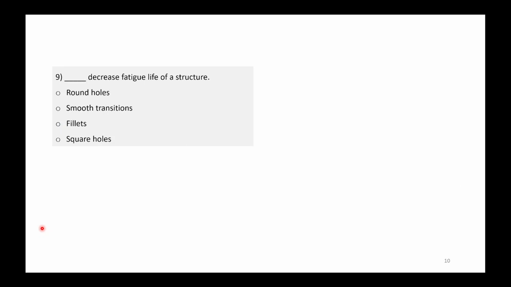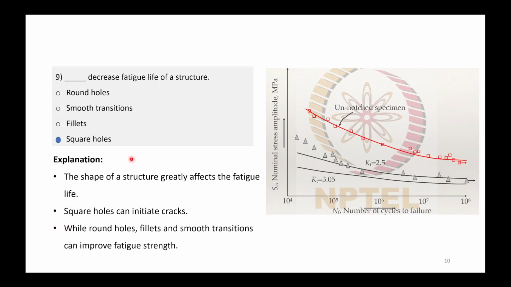Question 9. Blank decreases the fatigue life of a structure. Your options are round holes, smooth transitions, fillets or square holes. Your answer will be square holes. In case of square holes, we have corners which will act as notches and initiate cracks, leading to reduction in fatigue strength of the material.